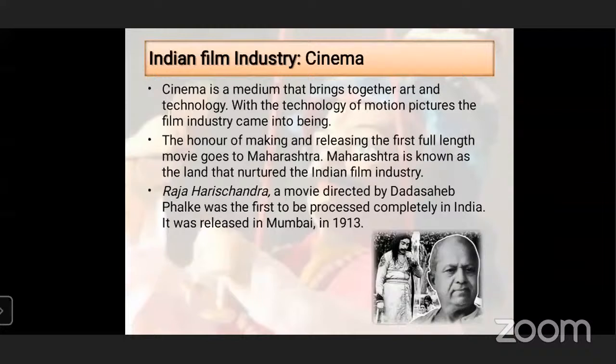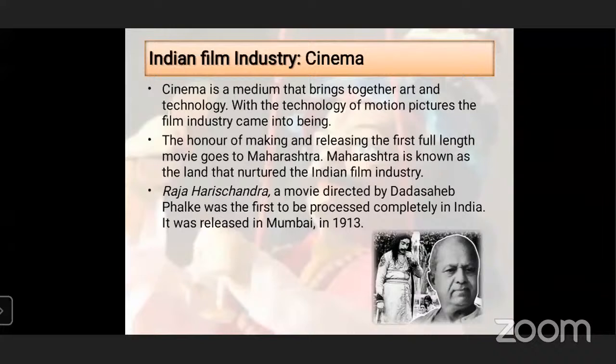Suppose a movie on Ramayana, again it is mythological, right? So mythological means a story which is related to the gods and goddesses, and historical is related to our ancestors, our past, our history.